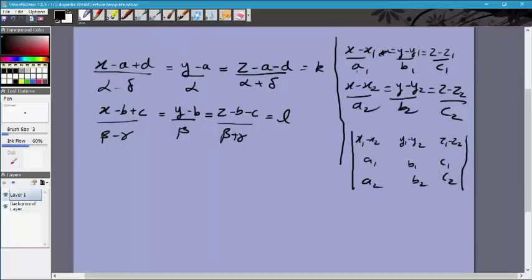If this determinant is 0, then these lines are coplanar. We've already proved that in one of the previous videos. So we can just do this here. The only important thing is to take care of the signs.